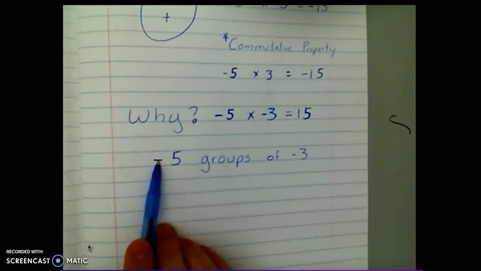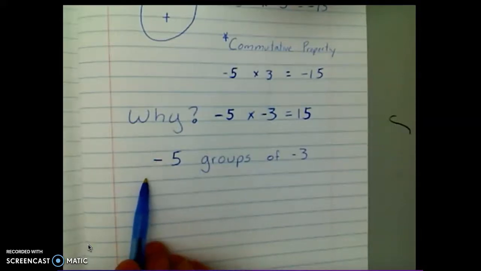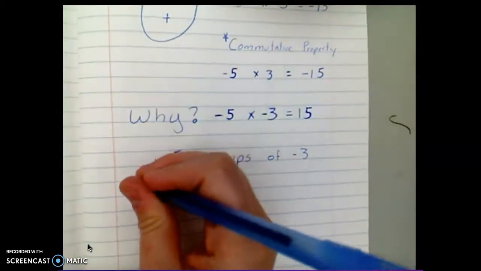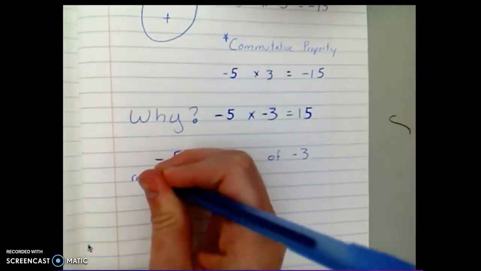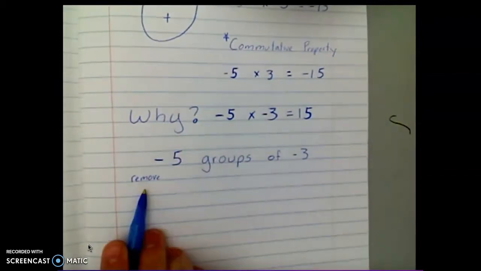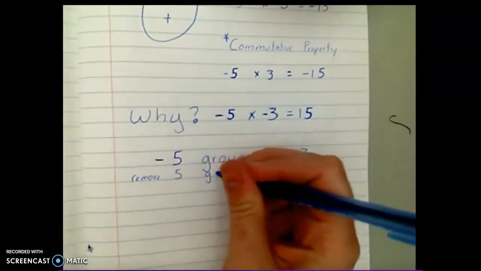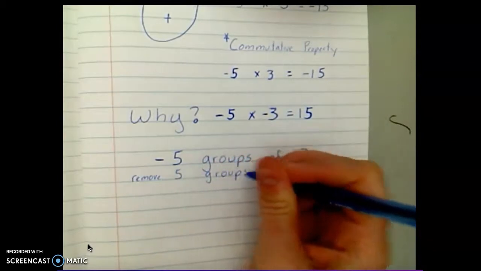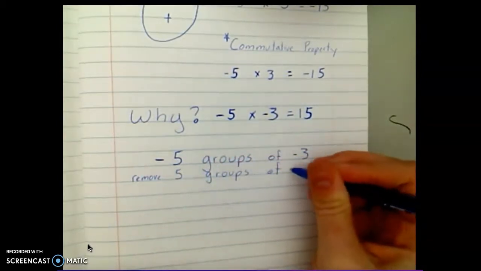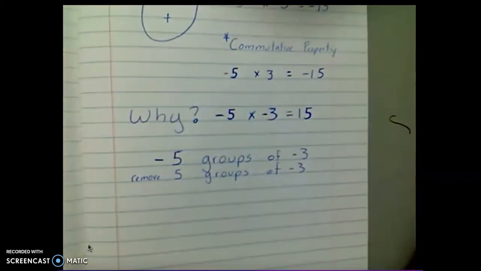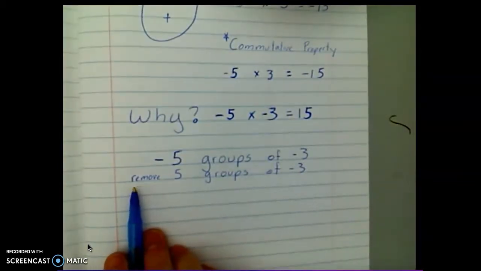All right, let's change this negative sign to a word that means negative. Remove. I need to remove 5 groups of 3. Oh, of -3, excuse me. All right, we understand what removing groups means.